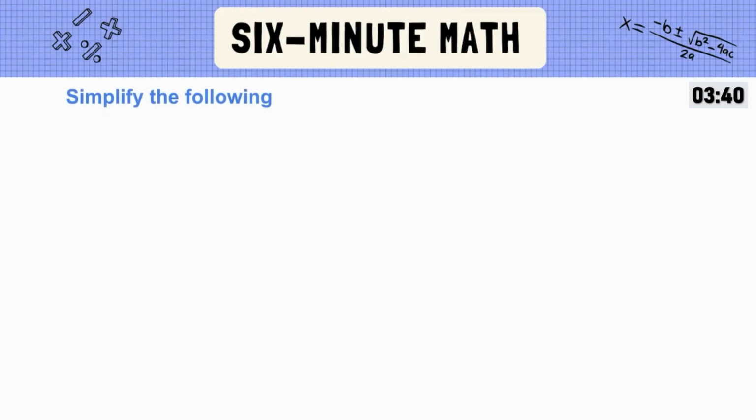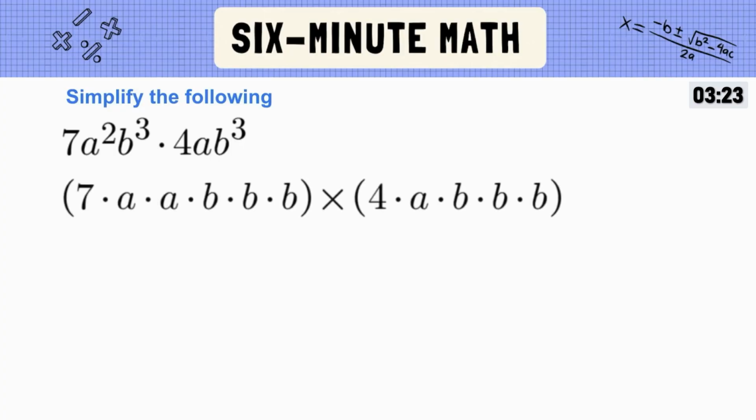Let's check out another example here. We're going to have 7a squared b cubed times 4ab cubed. Now, this is my first example with 2 variables, but nothing changes in my process. Let's write this in repeated multiplication, and let's see how many of each item I have. 7 times 4 is 28.